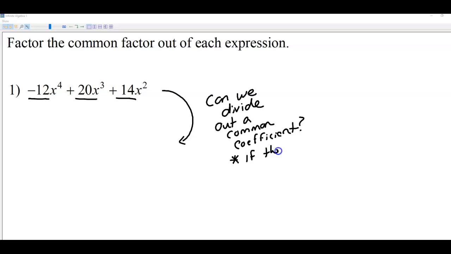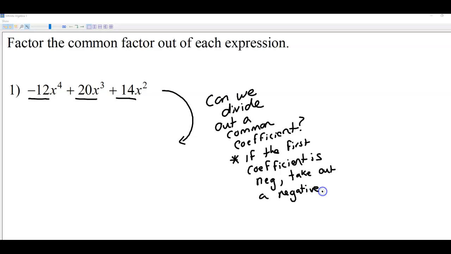If the first coefficient is negative, take out a negative also.